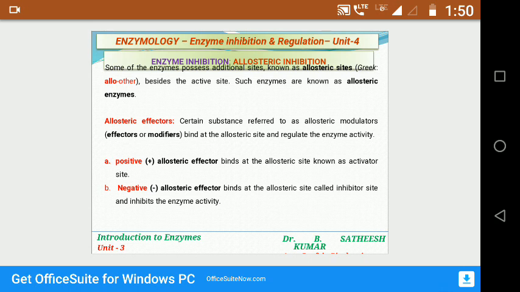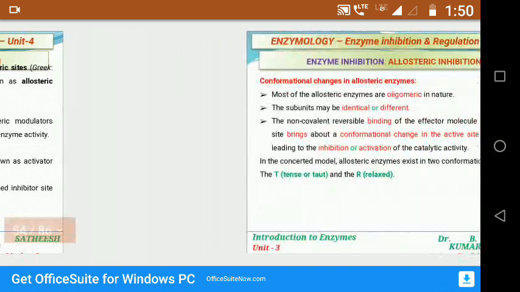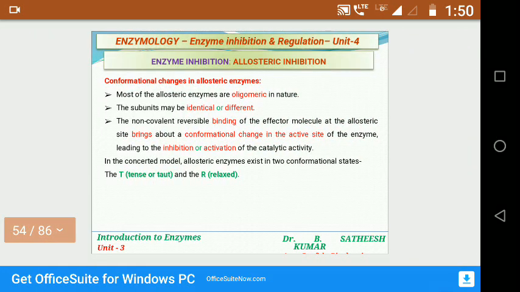If the enzyme binds an allosteric activator, then the enzyme activity will be enhanced, or otherwise if it binds an inhibitor, then the enzyme activity will be decreased. So this is very important for the regulation of metabolic pathways.